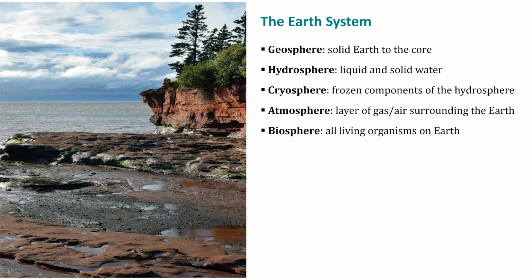The hydrosphere, which includes all water on Earth in liquid and solid forms, so that would be water in the oceans, rivers, on ice sheets, and in our bodies. The cryosphere, which is a subsphere of the hydrosphere, which only includes frozen components of the hydrosphere. The atmosphere, which includes all gases surrounding the Earth. And the biosphere, which is all living organisms on Earth.